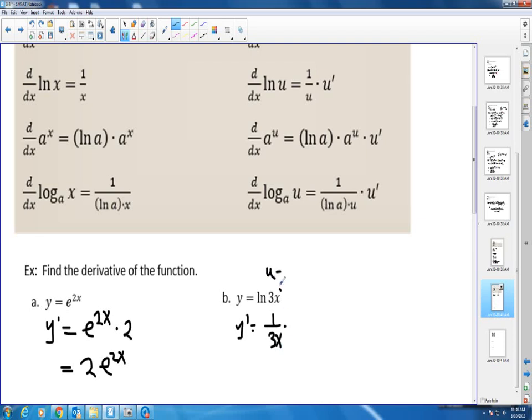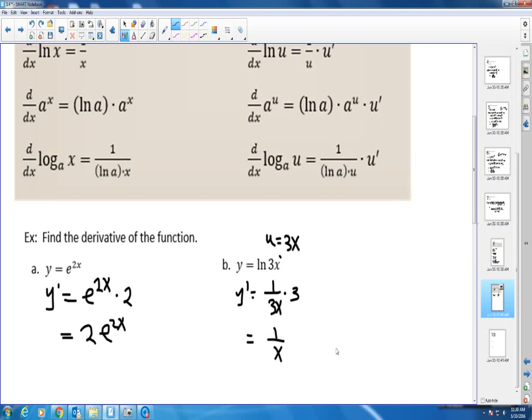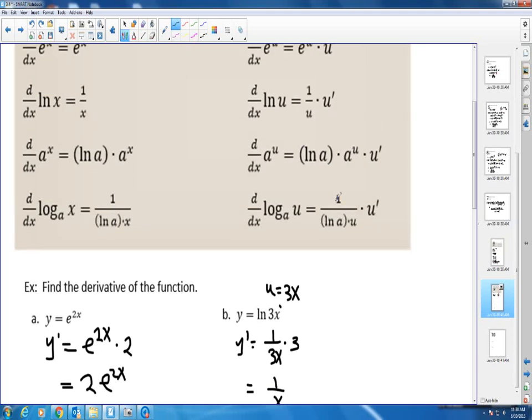I'm going to say u equals 3x. So u prime, the derivative of 3x, is just going to be 3. So the 3 here and the 3 down there cancel out. My answer would just be 1 over x. Alright, that's how you use these formulas on the formula sheet.